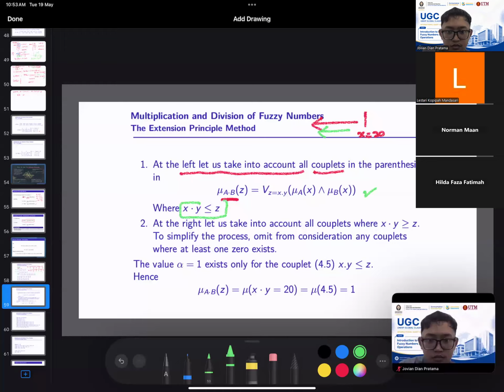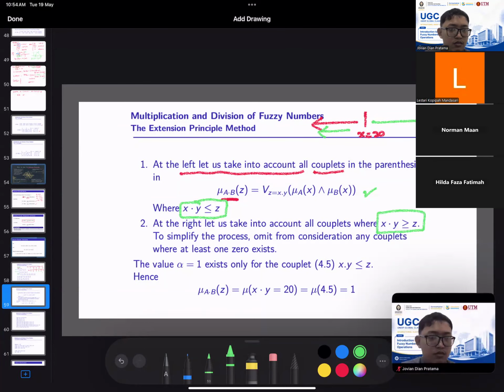Your x multiply y must be less than or equal to z on the left. At the right, let us take into account all couplets where x multiply y is greater than or equal to z. To simplify the process, you can omit consideration of any couplets where at least one 0 exists. Okay, just to simplify your equation.